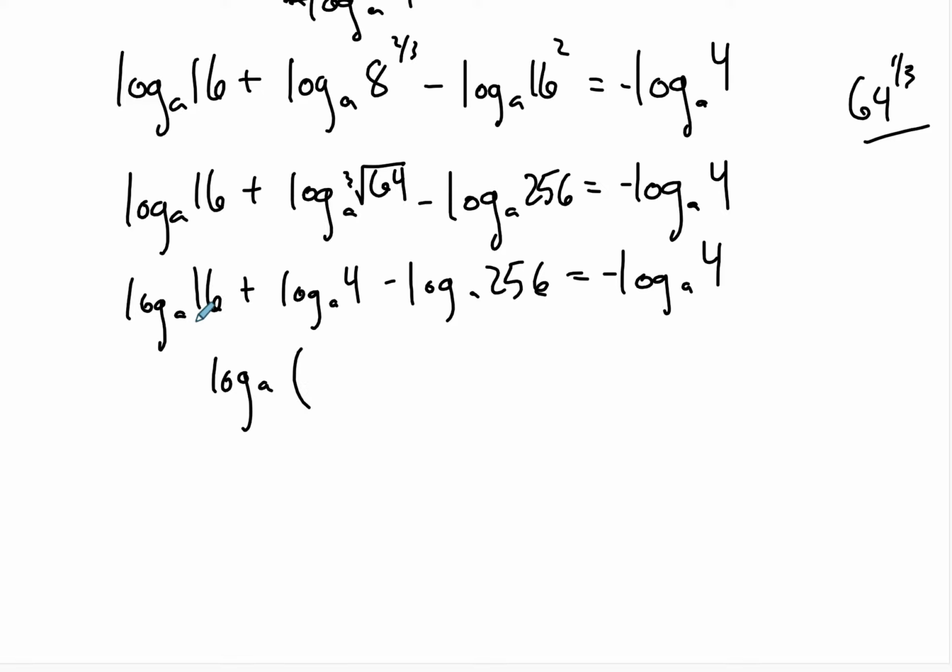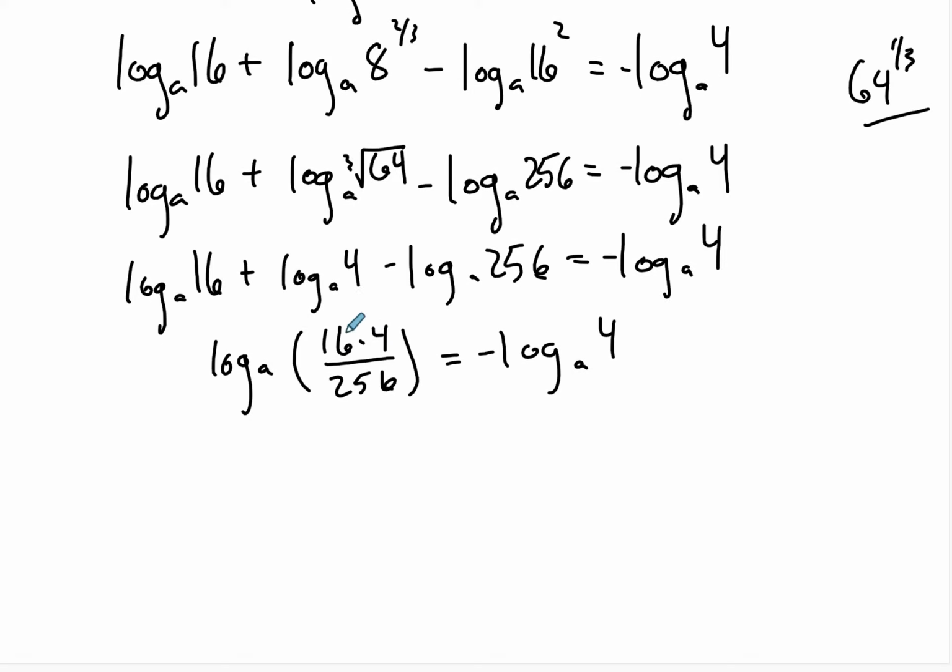So because the log A is all the same through all of these things, I can actually just take it as 16 times 4 all divided by 256. And that will equal negative log A of 4. Well, 16 times 4 is 64, and 64 over 256, that's just another way of saying 1/4.